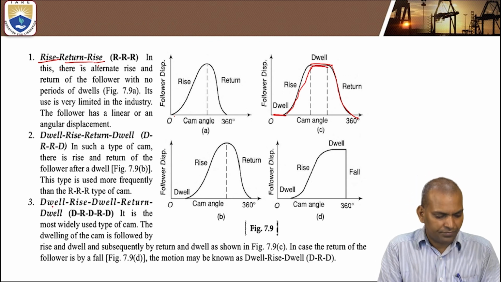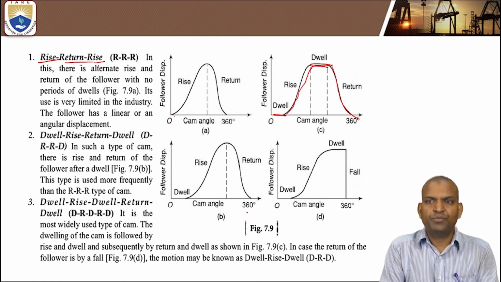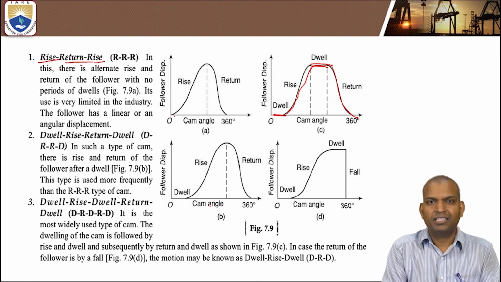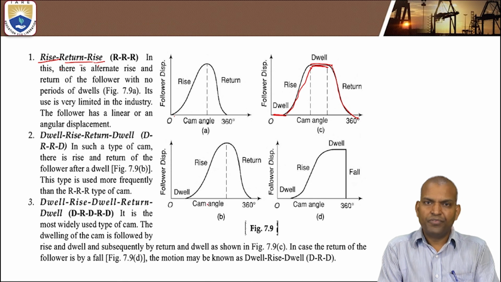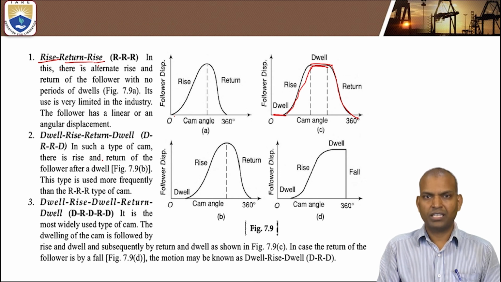Now the third, DRD, means dwell, rise, dwell, return, and dwell. If we observe categories 1 to 3, in the first category there is no dwell. In the second category, 2 dwells are there.